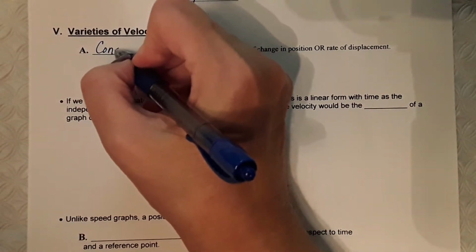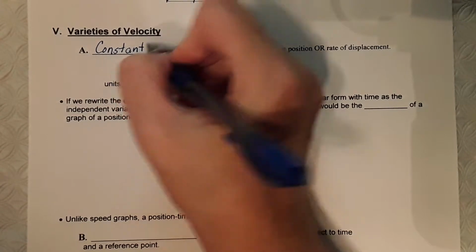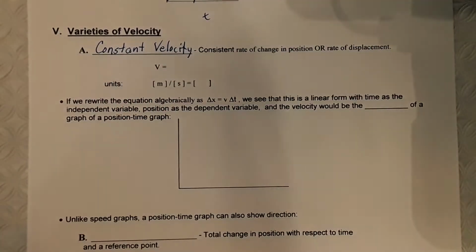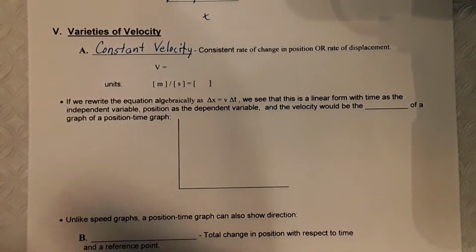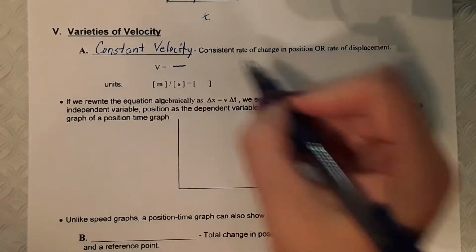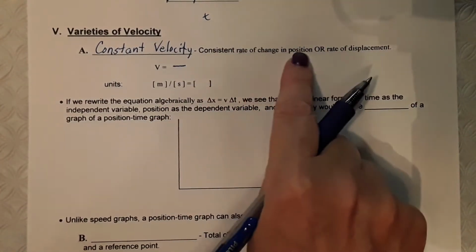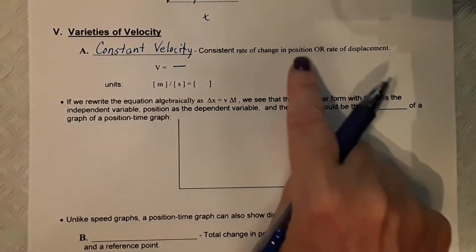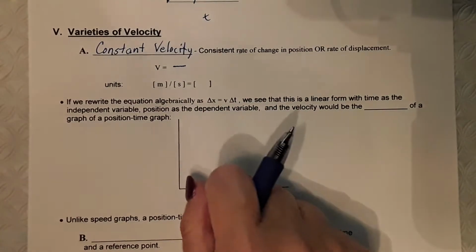All right, the first thing we're going to talk about is constant velocity. This means that the magnitude and the direction of the velocity stay the same, and it is a rate. It's a rate of change in position, or rate of displacement, because change in position and displacement are the same thing.